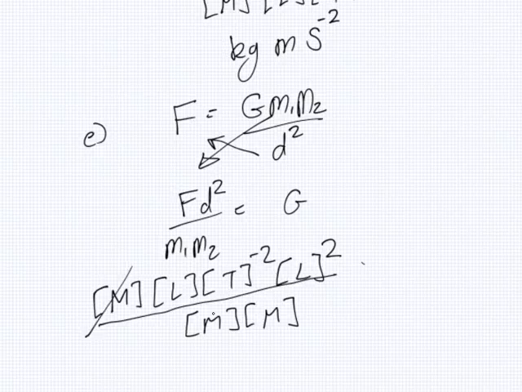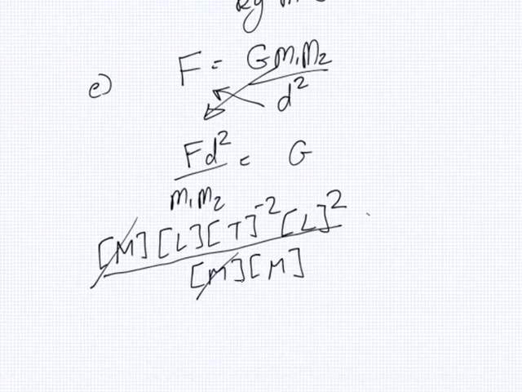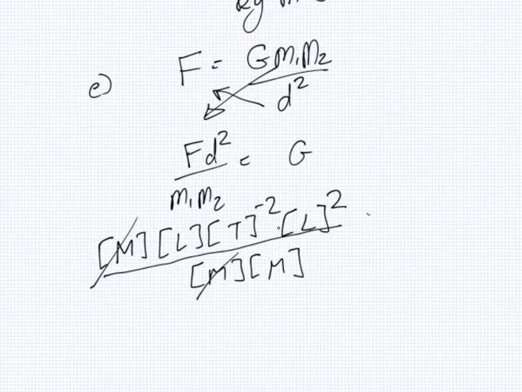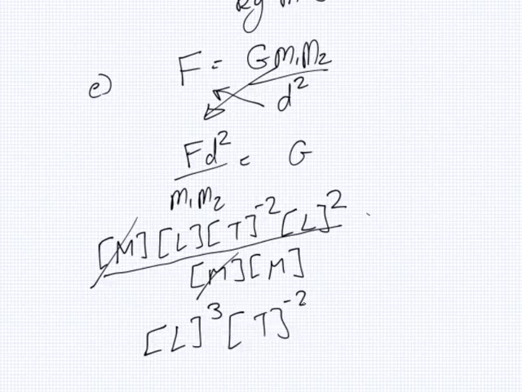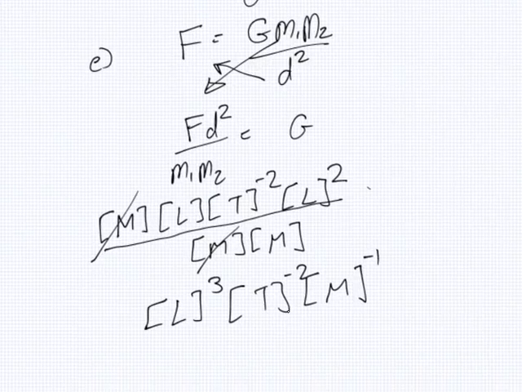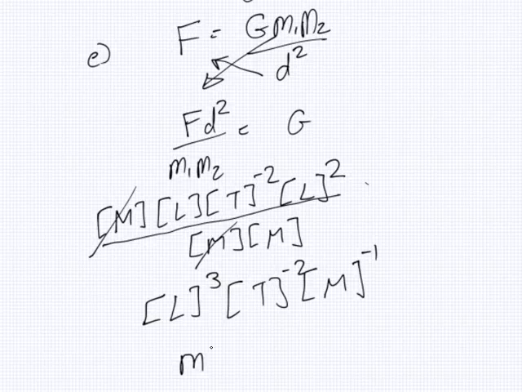This cancels with this. Here I have an L, and here I have an L squared. So altogether I have L cubed, T minus 2, M minus 1. So the answer would be meter cubed per second squared per kilogram.